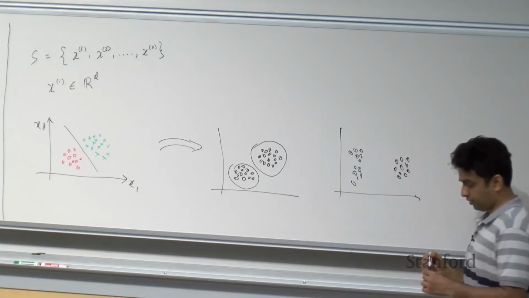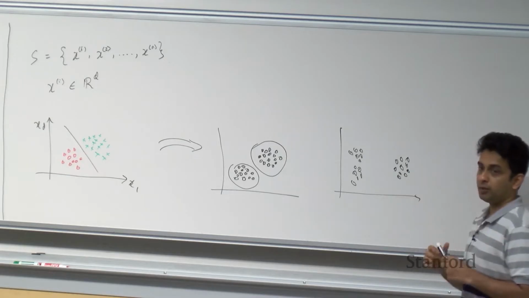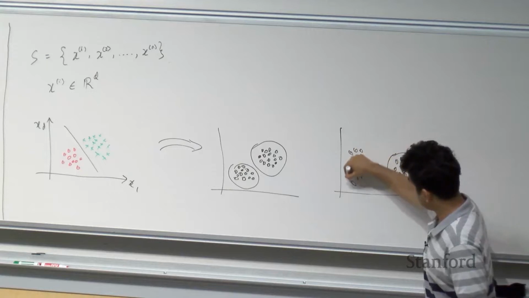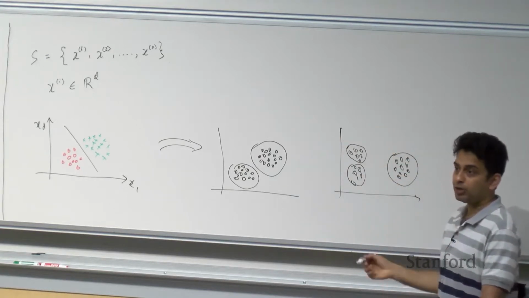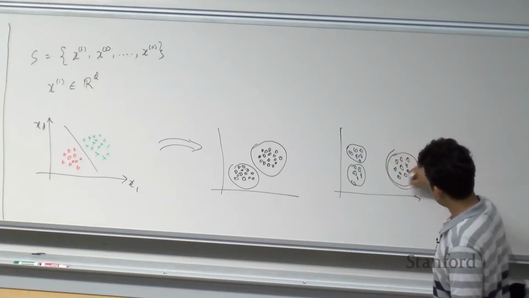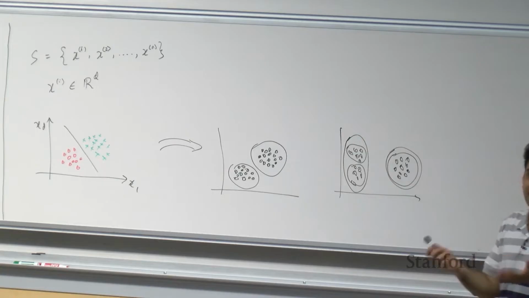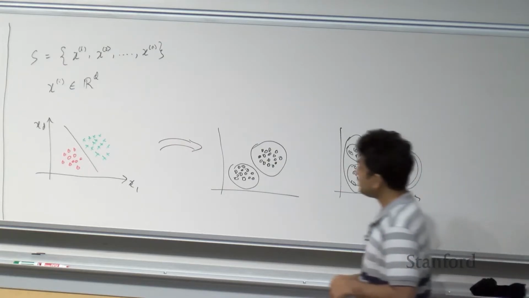And if we are asked to find an interesting structure in this kind of data, it would be totally reasonable to say this is one cluster, this is one cluster, and this is another cluster, right? And another totally reasonable thing would be to say this is one cluster and this is one cluster, right? So in a way there is no correct answer, so to speak, and our goal is to learn some kind of an interesting structure in the presence of such kind of ambiguities, right?